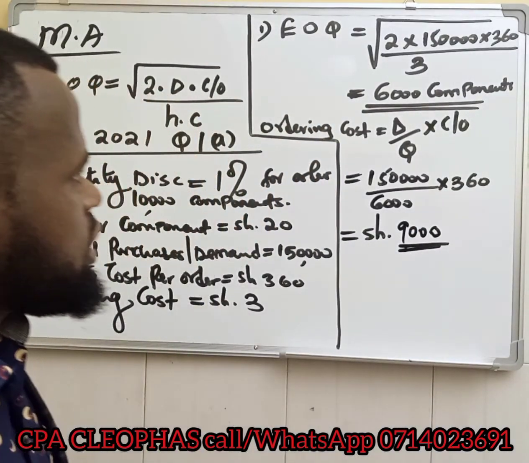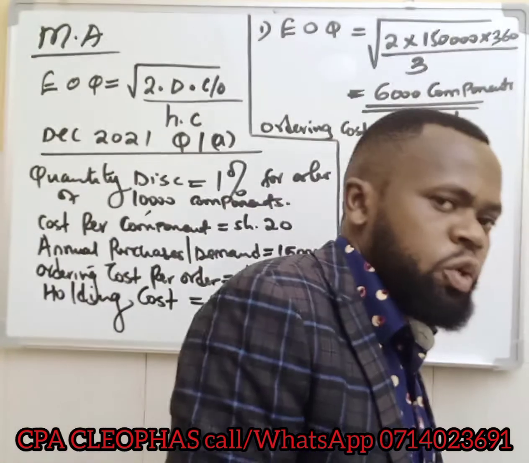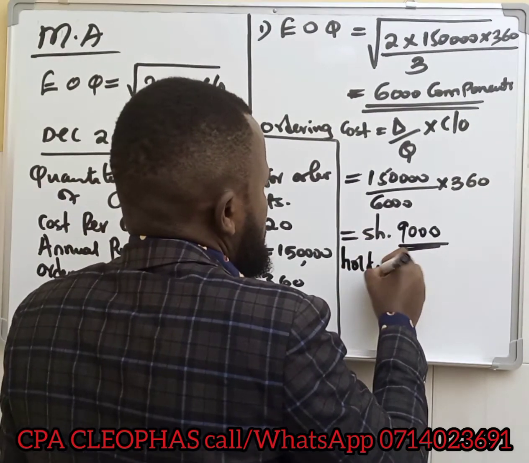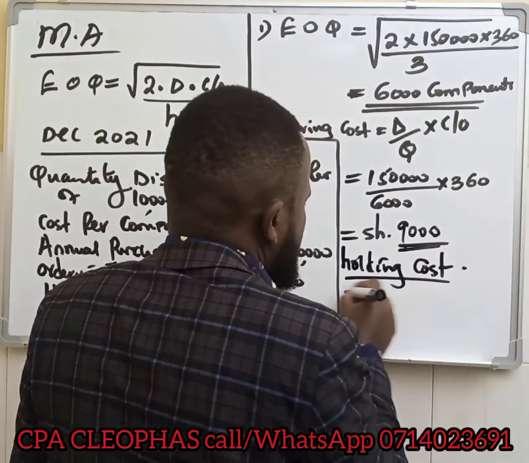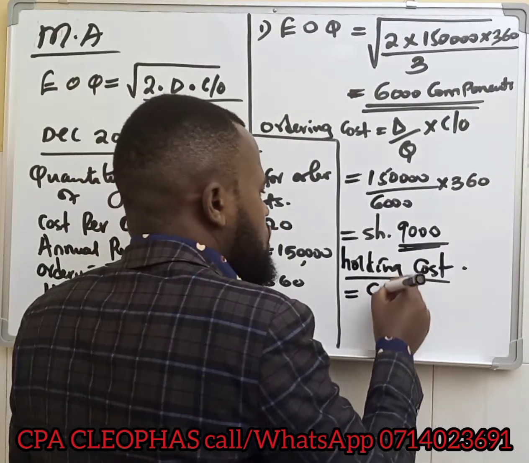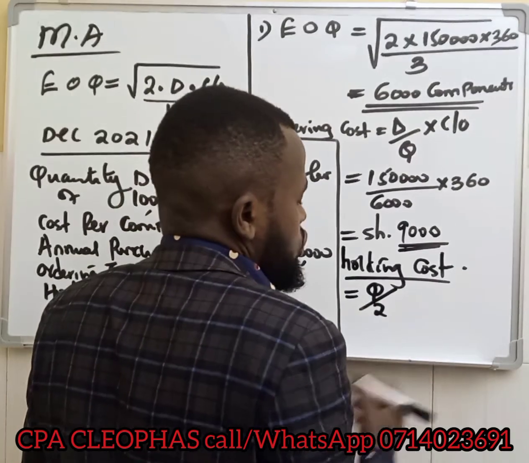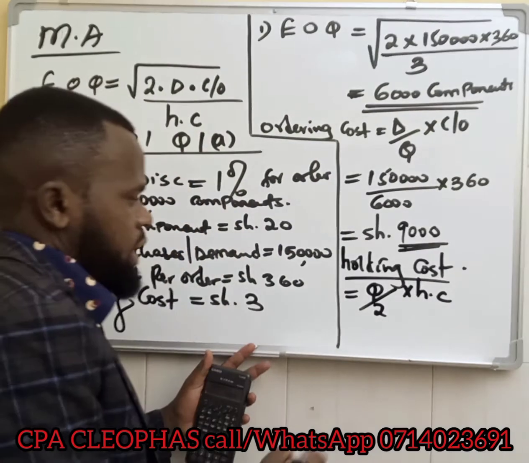And remember at EOQ, the ordering cost and the holding cost are the same, but let me do it so that we confirm. So let's get the holding cost. Holding cost is equal to the units you're ordering, get the average, divided by 2. So Q over 2 times the holding cost per unit per annum.